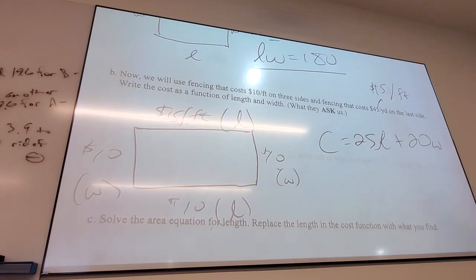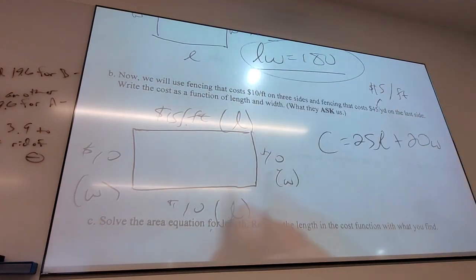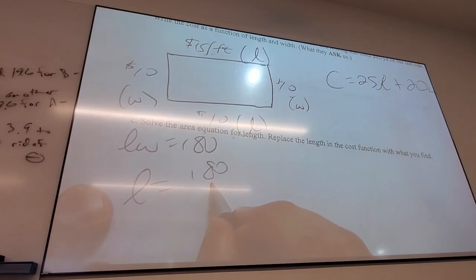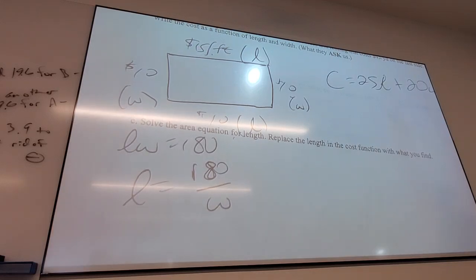So if I solve this for L, what do I get? L equals 180 over W. Yeah, of course you gotta divide, because it's multiplying. Okay. So take a moment, rewrite the cost function using that information.